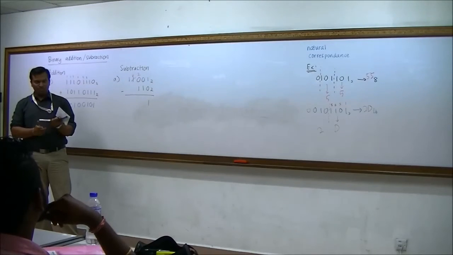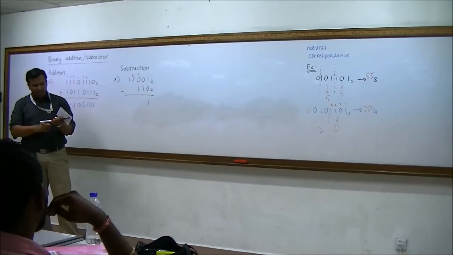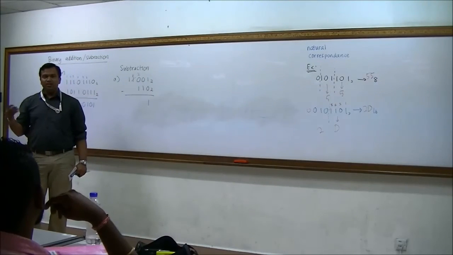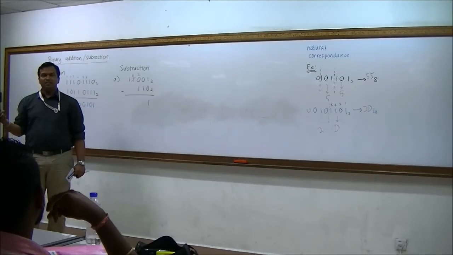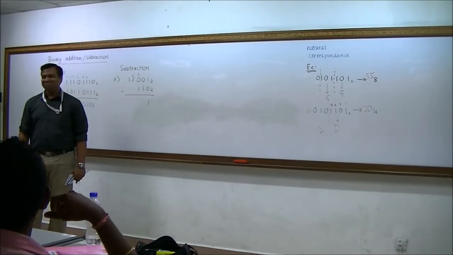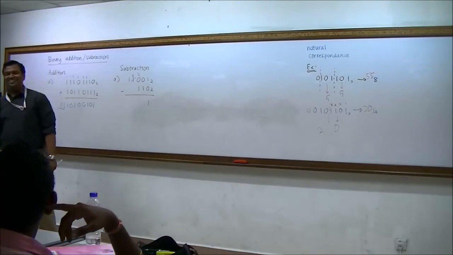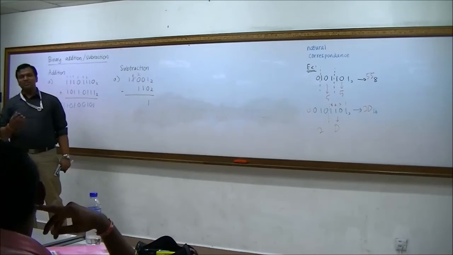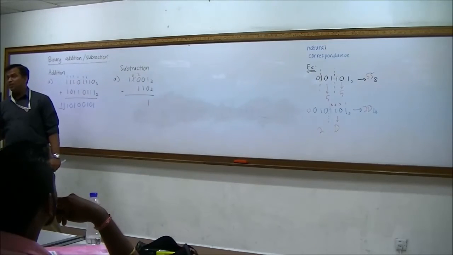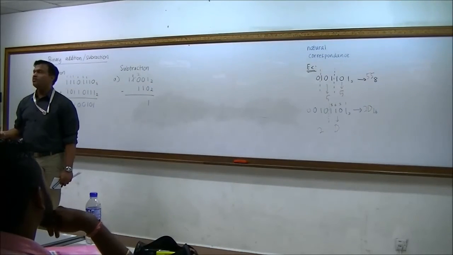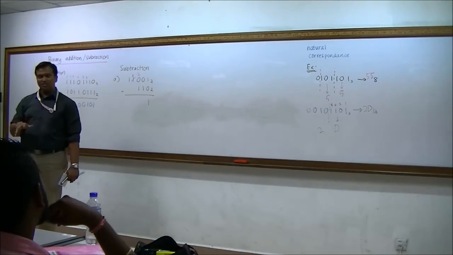Numbering systems are actually a very interesting thing. In primary or secondary school you dealt with the decimal number system. Each time you borrow, how much do you borrow? 10, because the base number is 10. This is base number 2, so each time you borrow, you can only borrow 2. Likewise in octal, you borrow 8. In hexadecimal, you borrow 16. Simple logic. Can you get it?